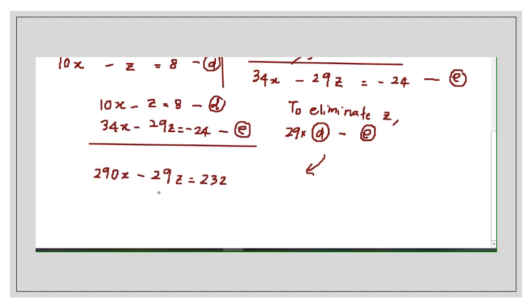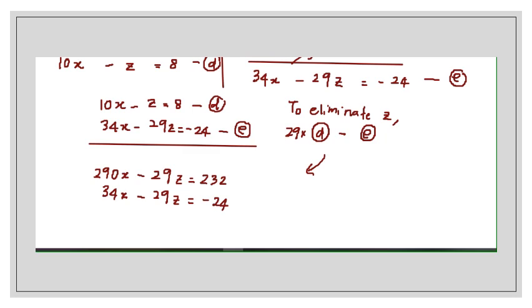And equation E, we put below the equation that you got just now. This one we put below, same row, same column for each variable: 34x minus 29z equal to negative 24.